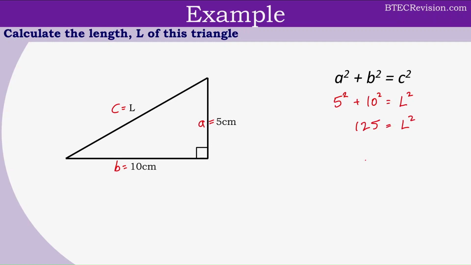So finally, our answer, L, is equal to square root of 125. You can simplify that to be equal to 5 root 5. And our answer is going to be in centimeters because we plugged in our values as centimeters, so we're going to get out centimeters.